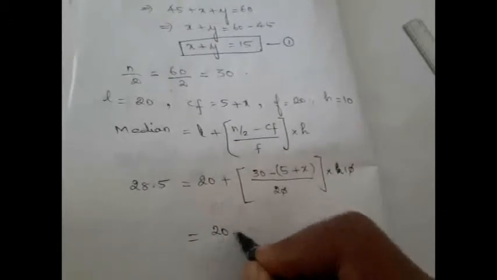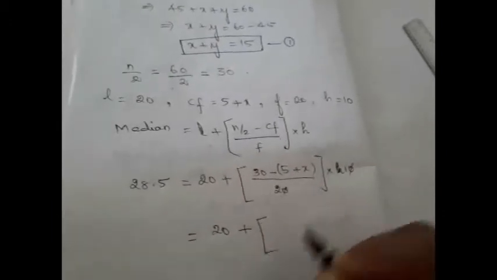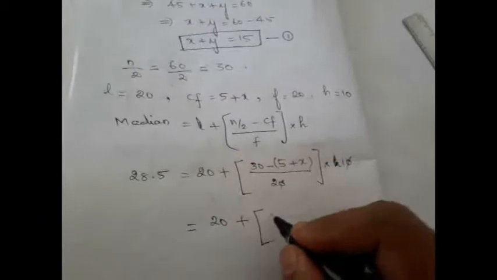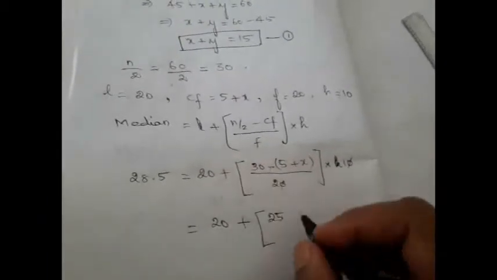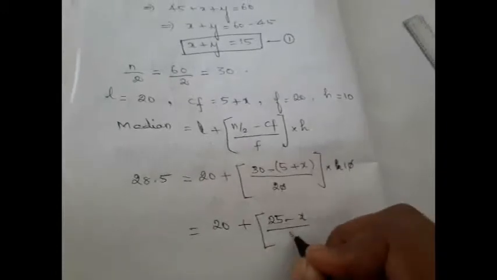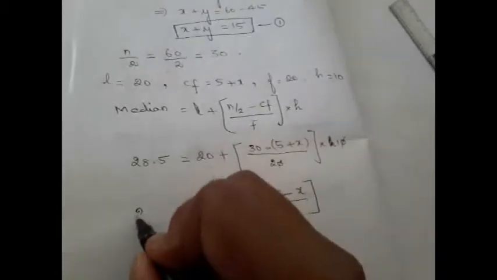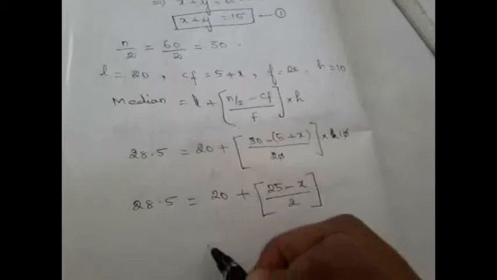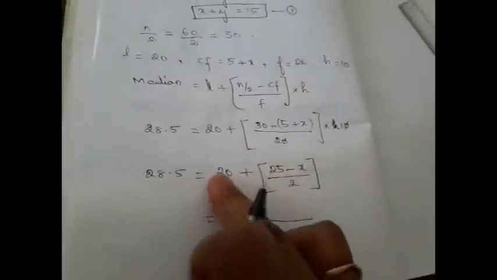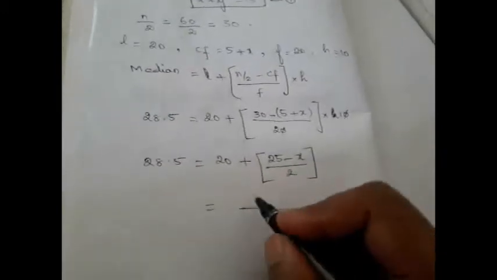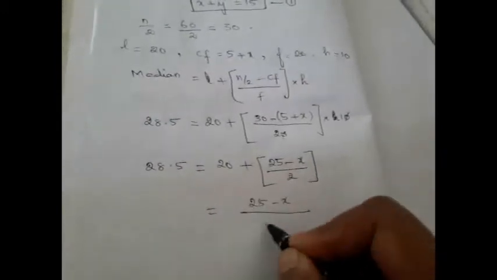So it can be written as 20 plus 30 minus 5, which is going to be 25, plus into minus is minus x divided by 2. This side 28.5. Now let us take LCM, or else bring this 20 to the other side first, your wish. So 25 minus x by 2.